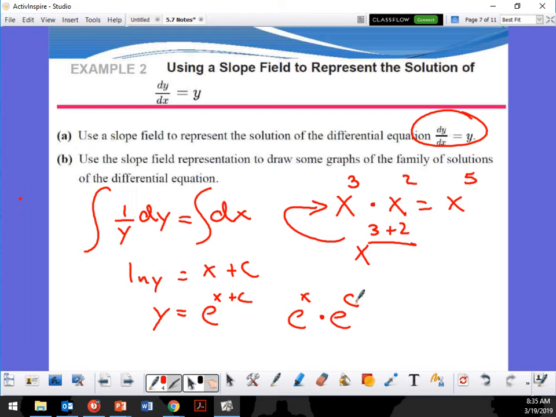If I'm adding c's, it's still just going to be some constant, right? No matter what I'm doing to that c, it's still going to be some constant. So that's the reason why this is going to change into y equals some c e to the x.